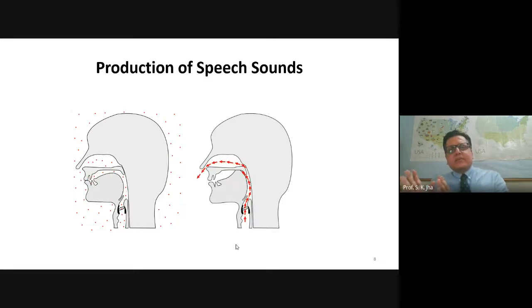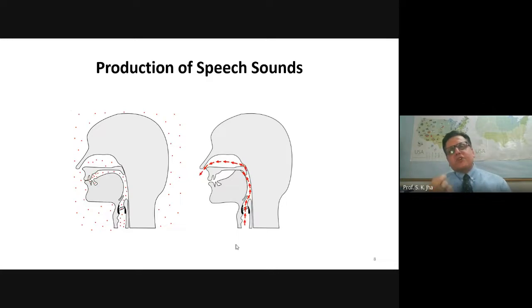By the way, let me just tell you very briefly the difference between voiced and voiceless sounds. If you have a pair of sounds like p and b, p is voiceless and b is voiced. Why is p voiceless? Because in the production of the p sound, your vocal cords do not vibrate.